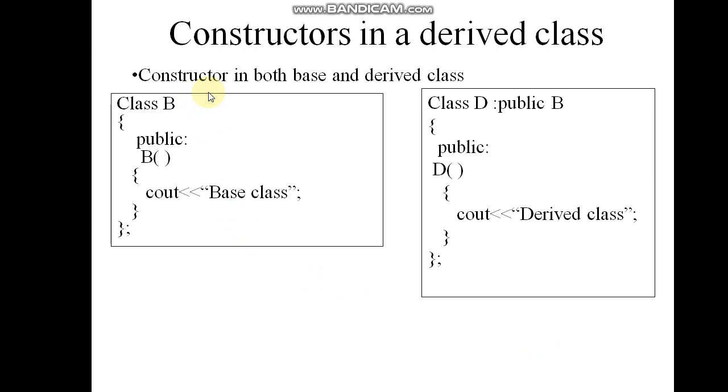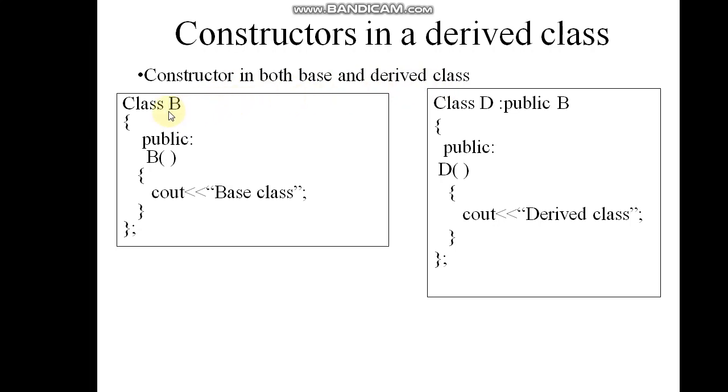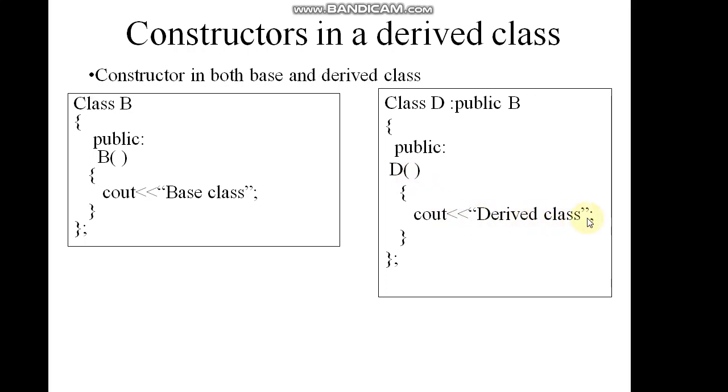In this example, there is constructor function in both base as well as derived class. In the class B, there is a constructor which is a default constructor which displays base class. In the derived class D, there is a default constructor again which displays derived class.